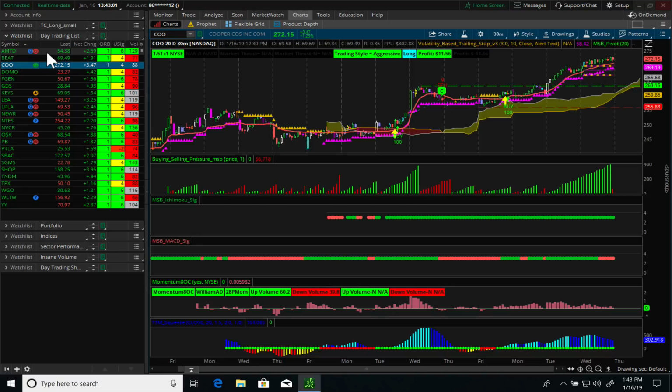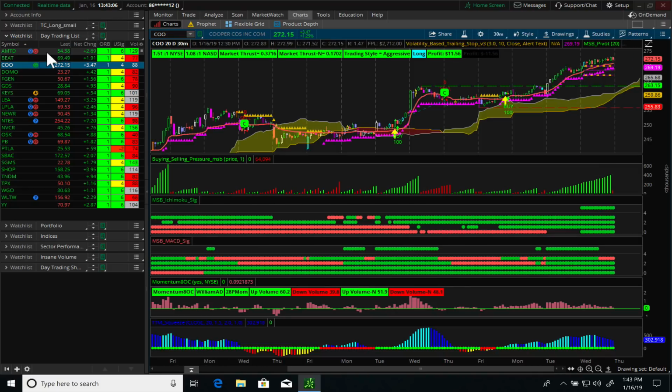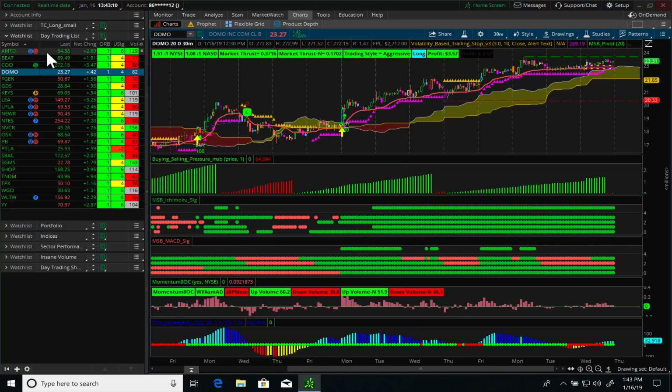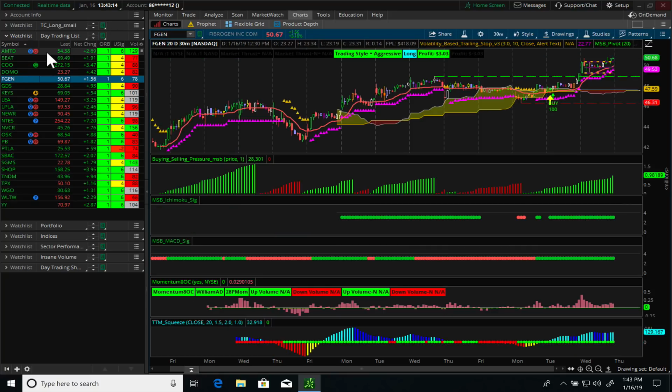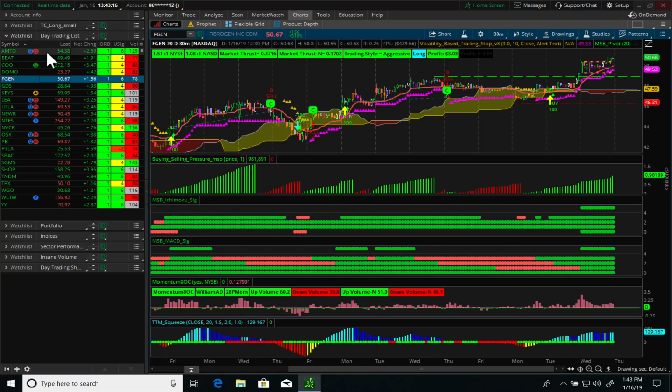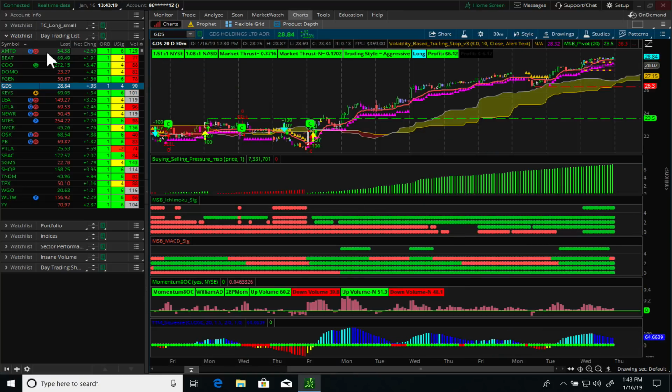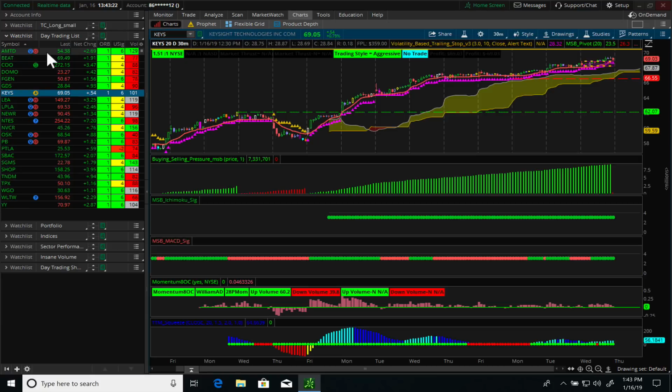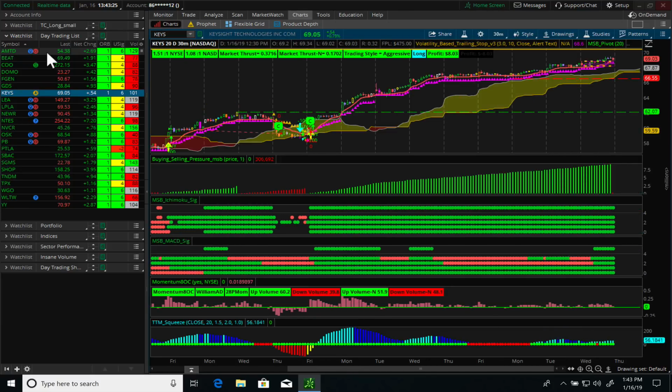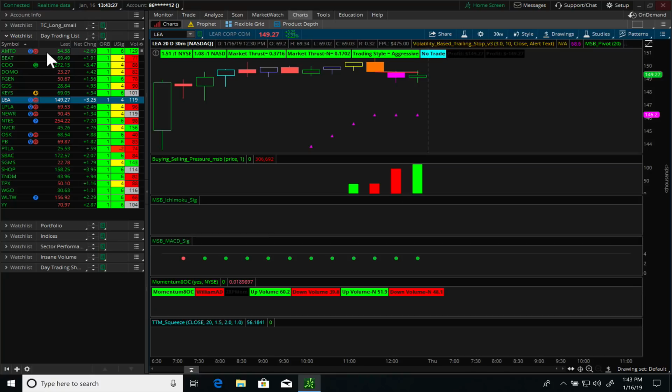COO has a profit of $11.56 in 1, 2, 3 days, 3.5 days. Domo has a profit of $3.57 from the list. FGEN, it's up $3. GDS Holding, it's up $6. Keys, again, I think it was on the other list as well, $8 in profit.